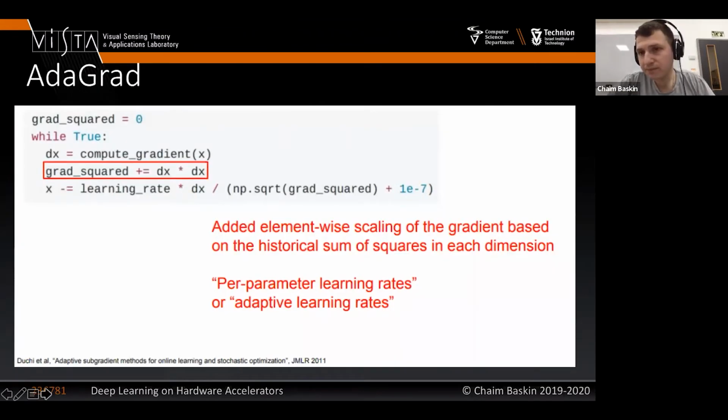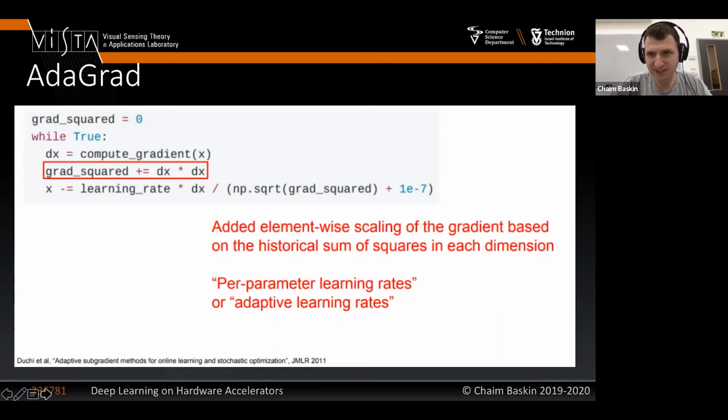How to do it? The first algorithms that we talked about, SGD and SGD plus momentum, use the same learning rate for all gradients across our architecture.